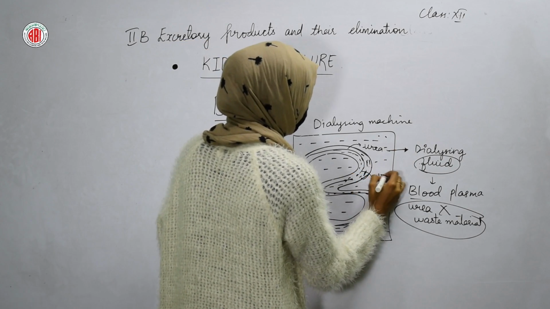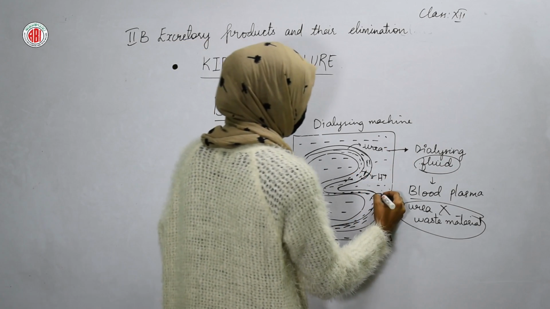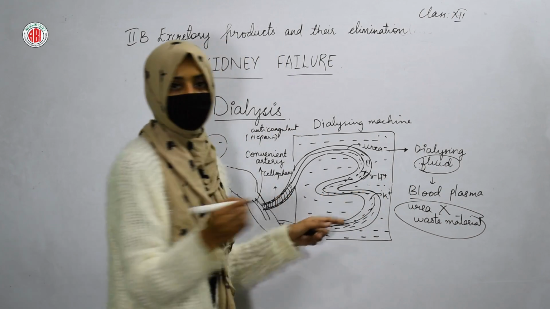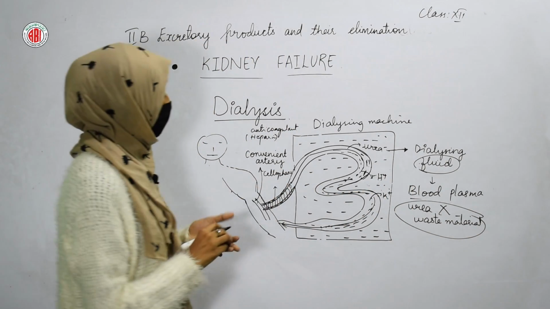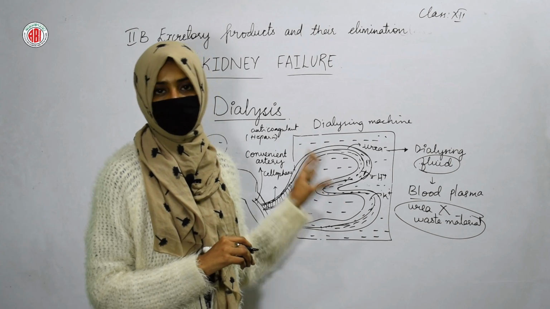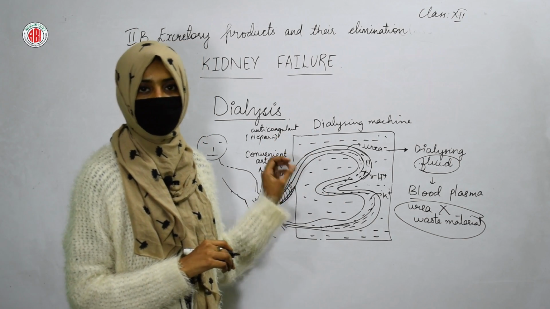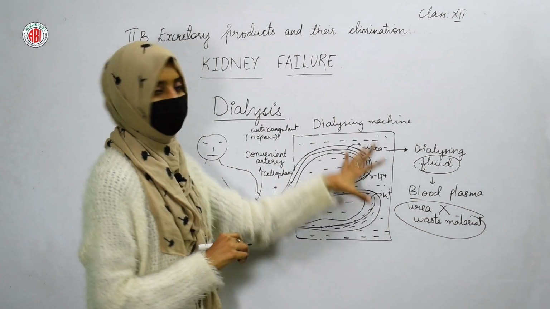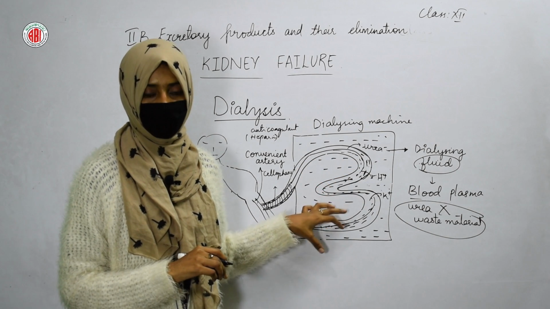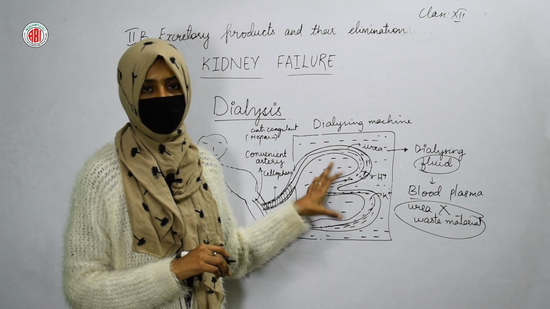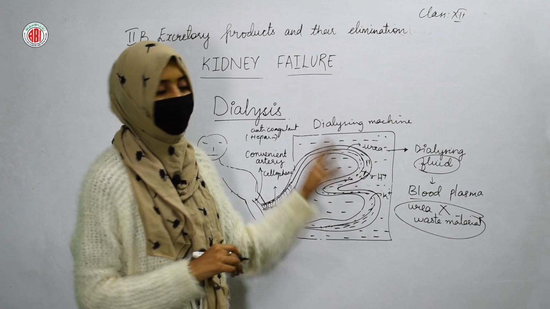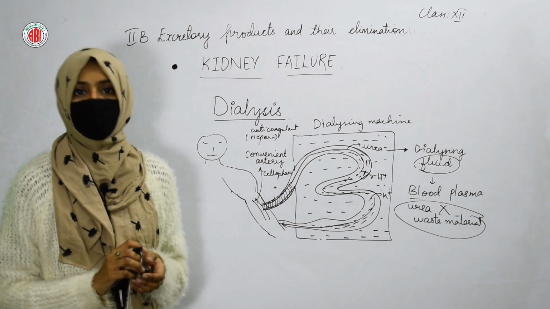The H+ ions come out into the dialysing fluid, and even the potassium ions can be pumped out into the dialysing fluid. In such a way, whatever waste material is present in the blood can be removed through this permeable membrane. As it is permeable only to the waste material, only the waste will move out of the blood, and the blood of the patient can get purified.